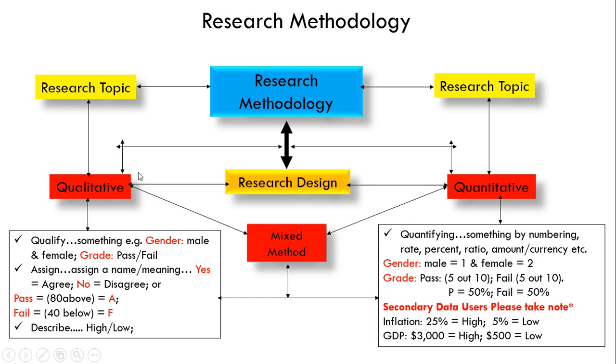Now, having said that, if it is a qualitative kind of study, what this simply means is that quality means it qualifies something. For example, gender or grade. So, going forward, we can also say that qualification means that it assigns a name to something. It assigns a name as it is shown on the screen.